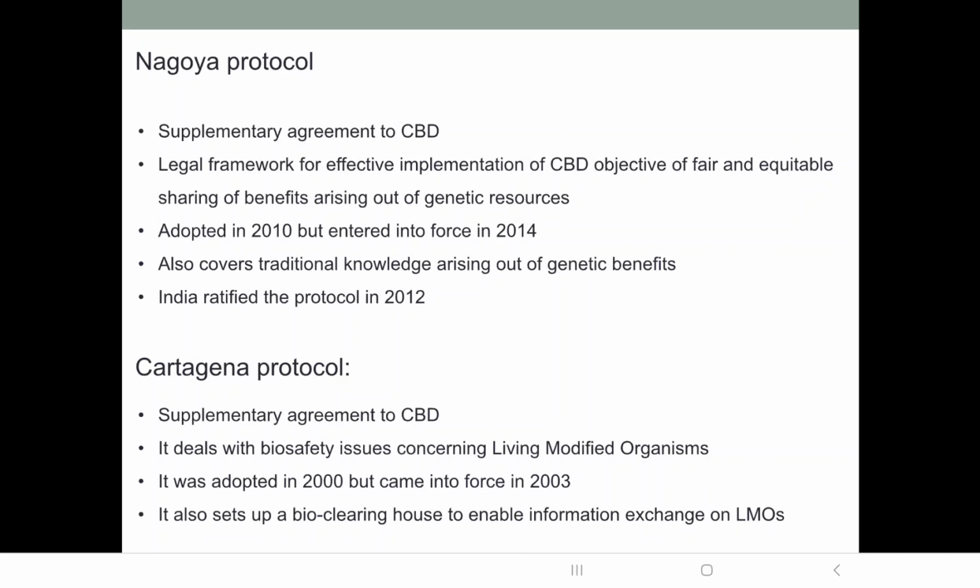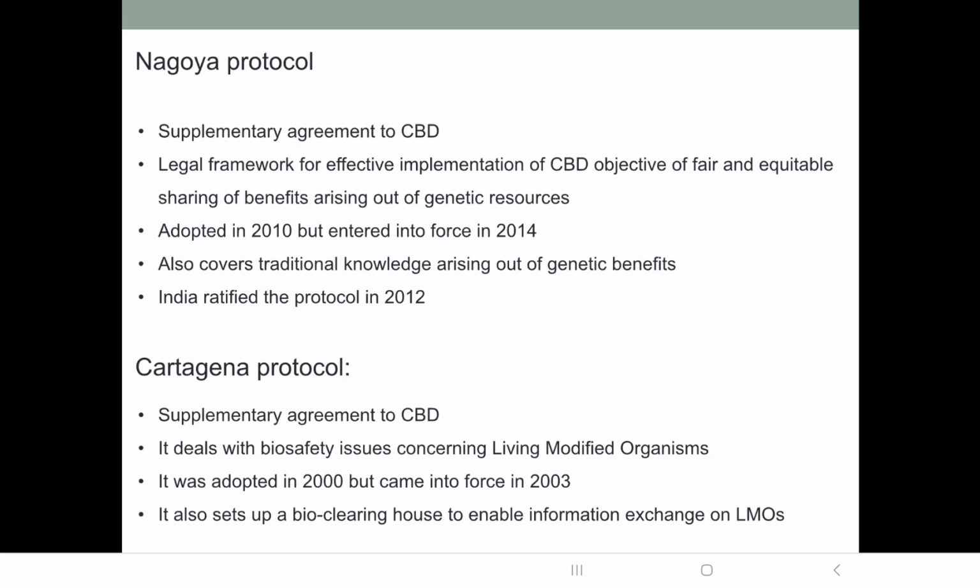India has ratified this protocol in the year 2012. It is extremely important that the biodiversity knowledge present in any traditional form is equally shared, and these people are not exploited. In India, we have an act for that, the Biological Diversity Act 2002, which implements the provisions of this protocol. India had enacted this law way before, and the provisions of the protocol are covered under this act.